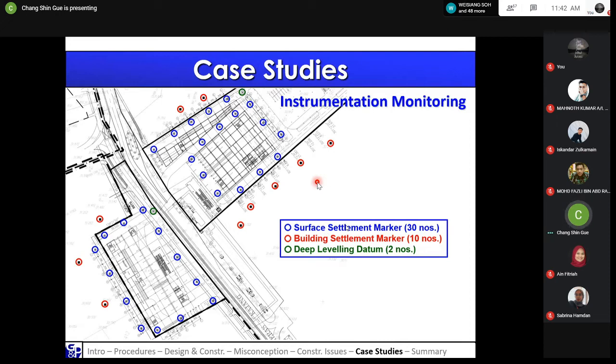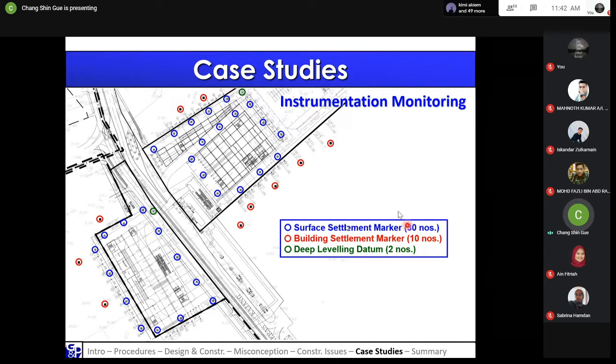But the other important information from the building settlement markers is that it protects your client at the job site. Why do I say so? For example, some neighbors may come over and say that because you are having construction on this site, their buildings have cracks and some settlement due to our construction.